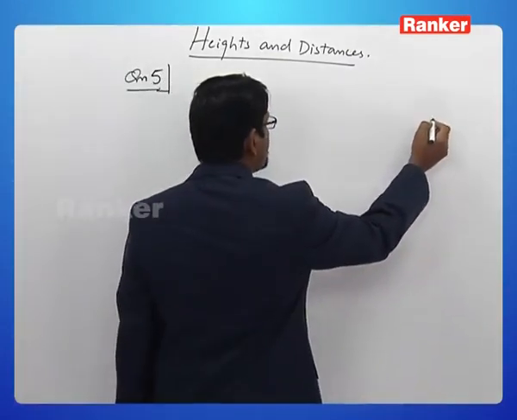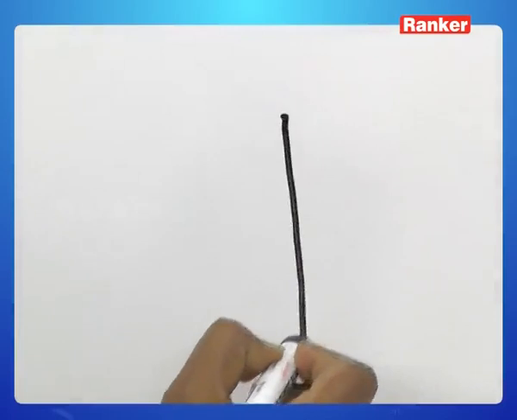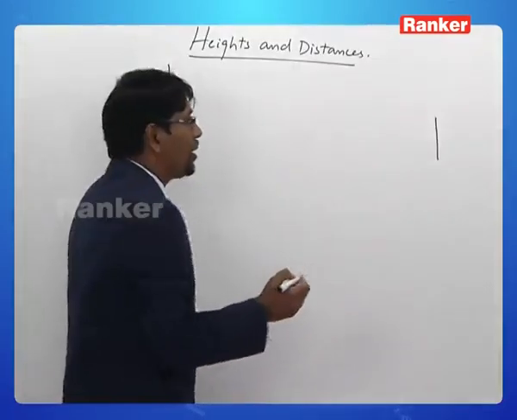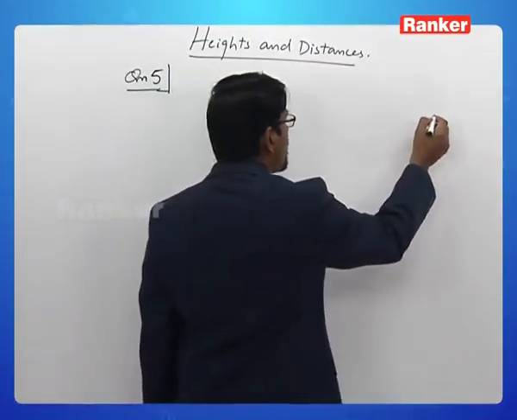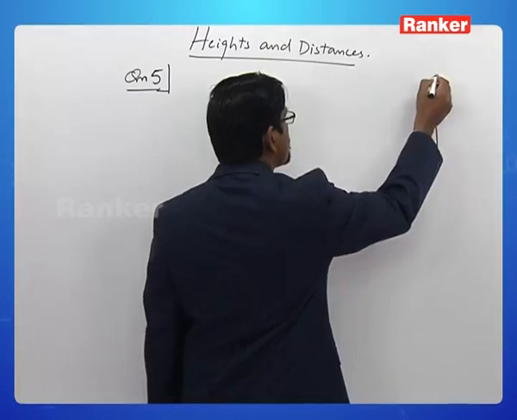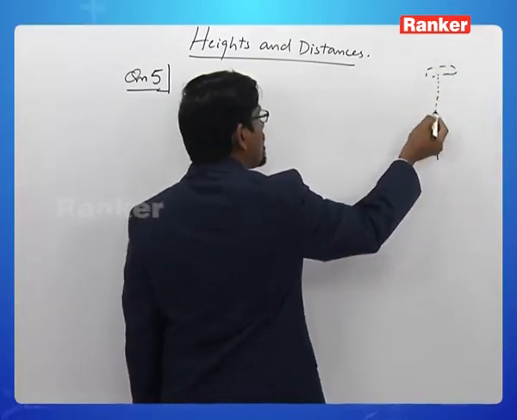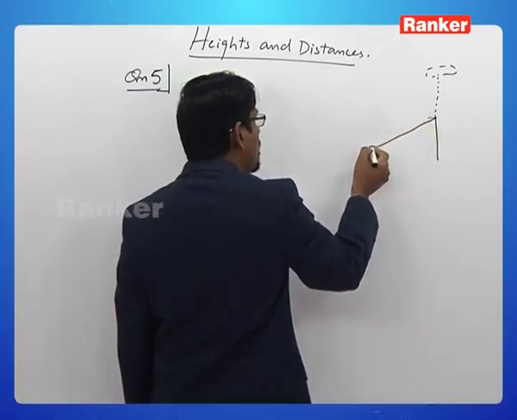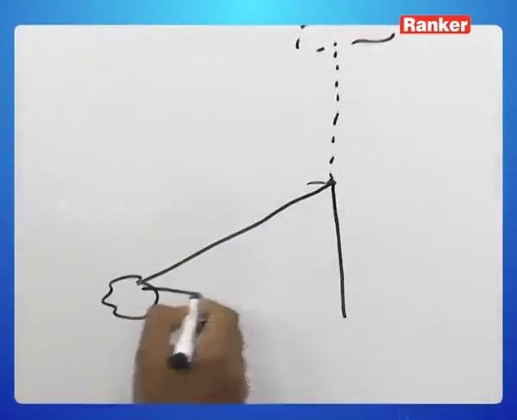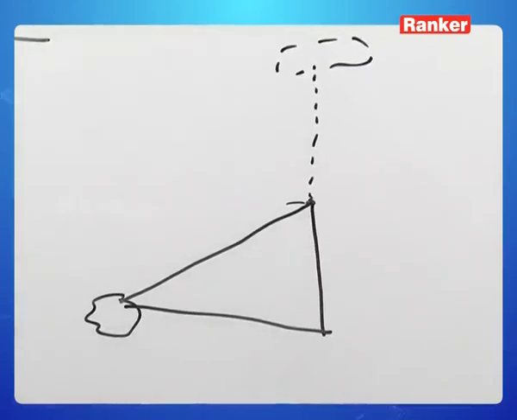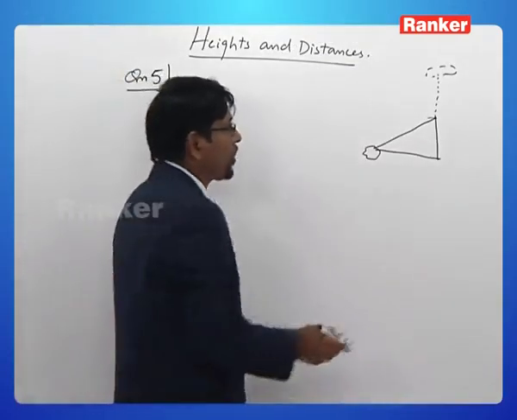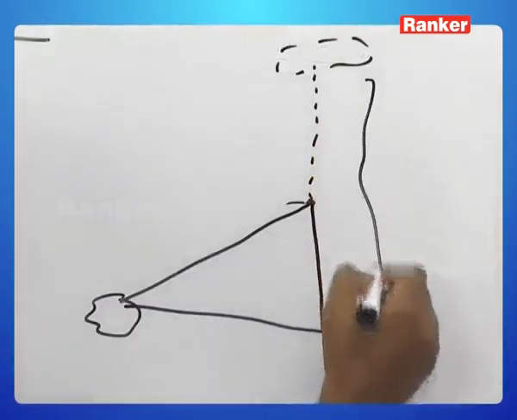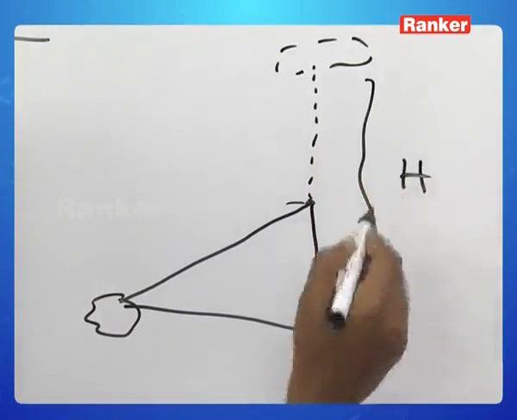Let's say this is the point where this was the tree here. It has been broken and now the top of it looks here. So this is the height of the tree originally.